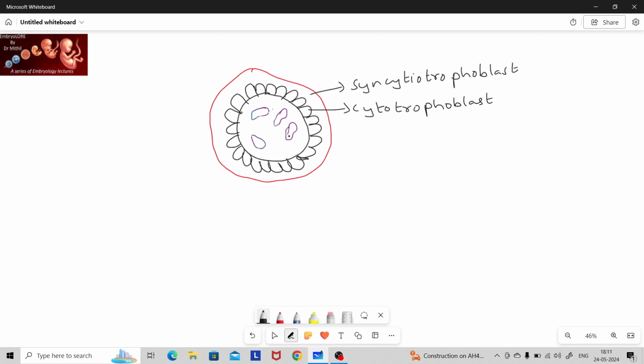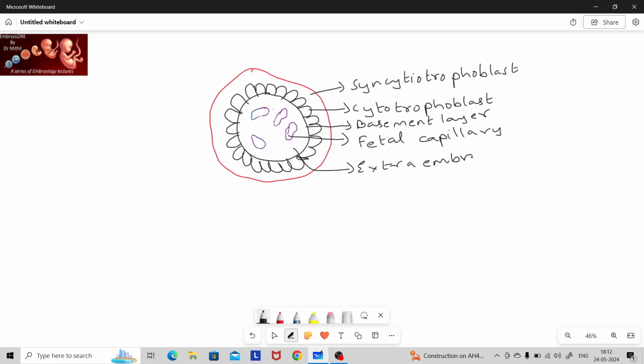Here this is the fetal capillary, and then the next one is the basement layer of the cytotrophoblast layer, and here this is the extra embryonic mesoderm.